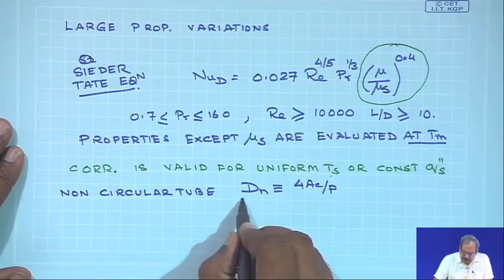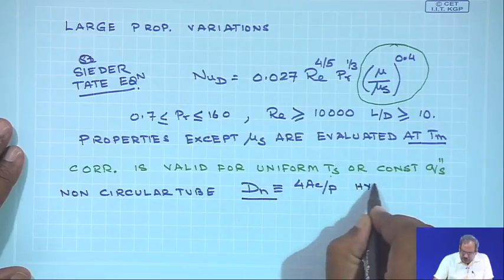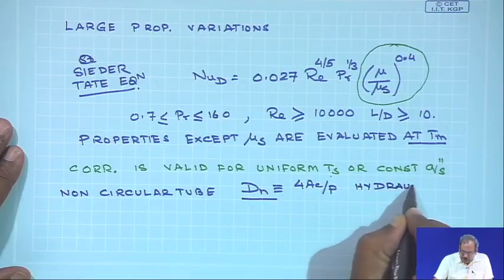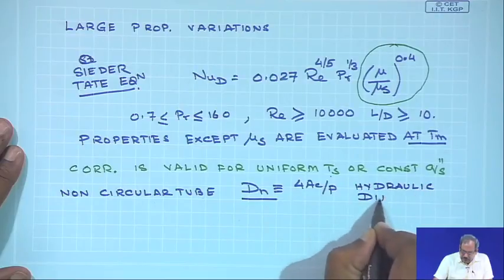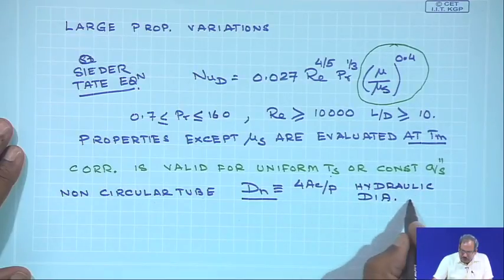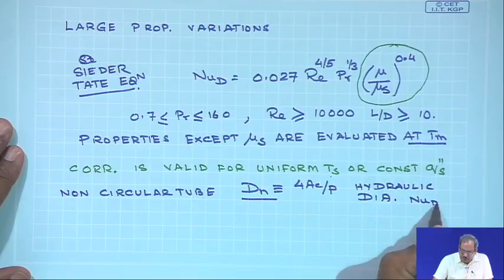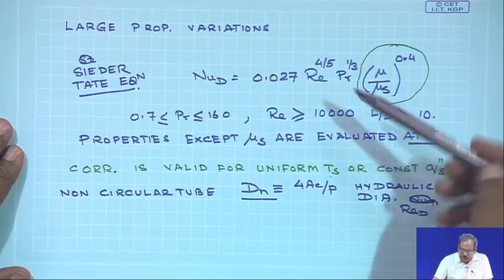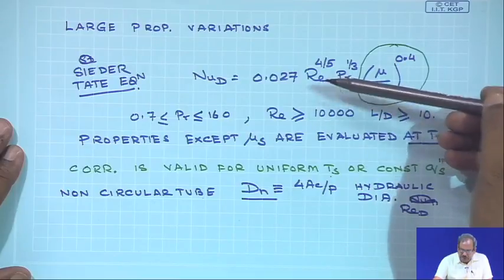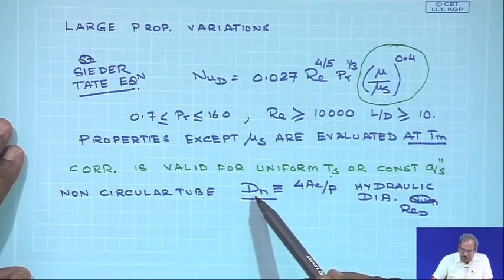This hydraulic diameter is used to calculate the Nusselt number and the Reynolds number based on the diameter. So, the Reynolds number that you calculate over here, for the non-circular case, is to be substituted by the hydraulic diameter.